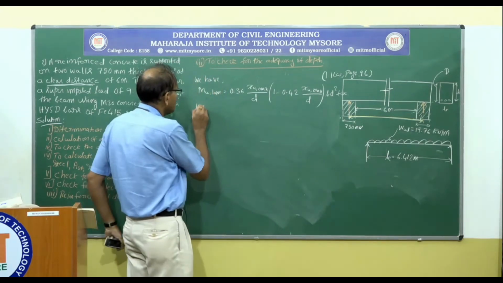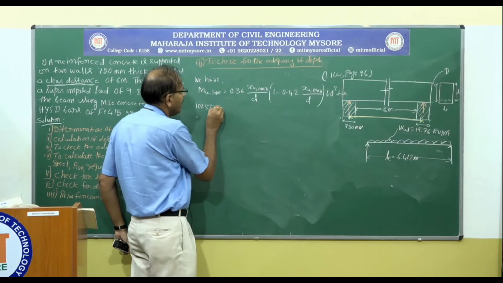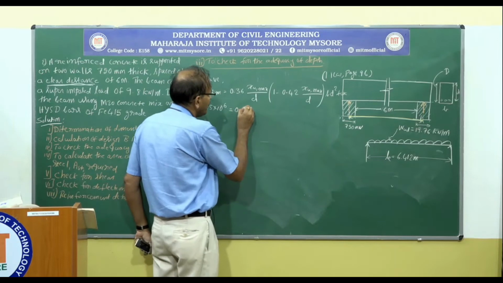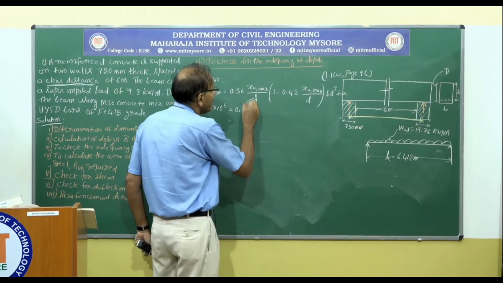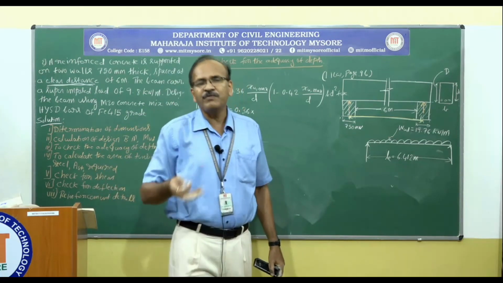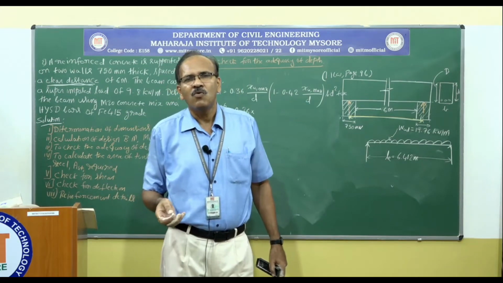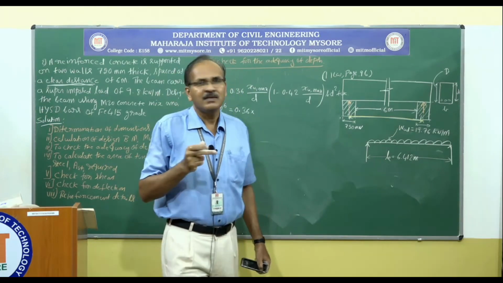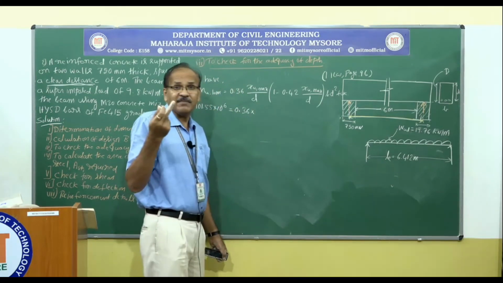That is 101.55 into 10 to the power of 6 equal to 0.36. If you remember, XU max by D for Fe415 steel, what is the value? That is 0.48 from page number 70.